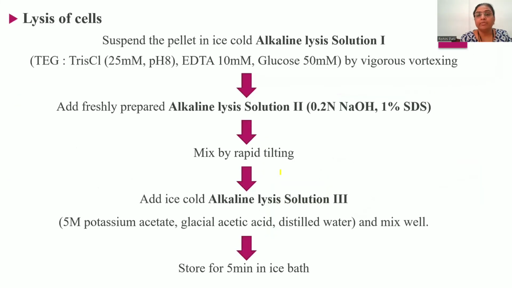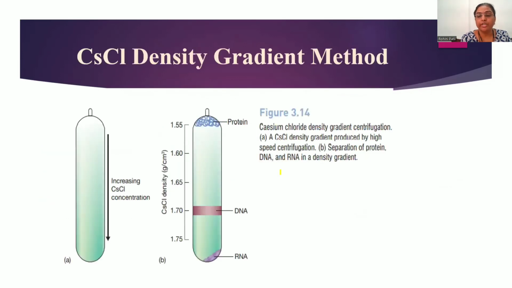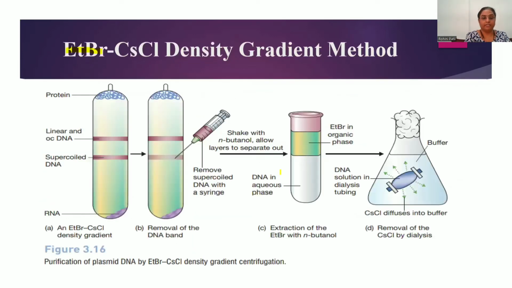What this EtBr does is reduce the band density. The band density of the linear or open circular DNA is reduced by 0.125 grams per centimeter cube, and for the supercoiled it is about 0.085 grams per centimeter cube. So the band density of the two types of DNA is now changed, and it forms bands at two different places.